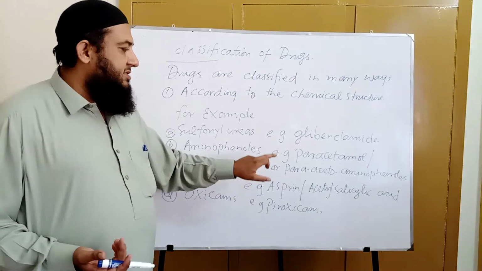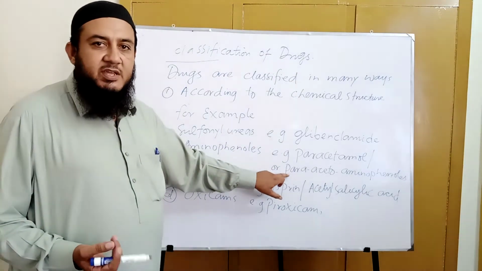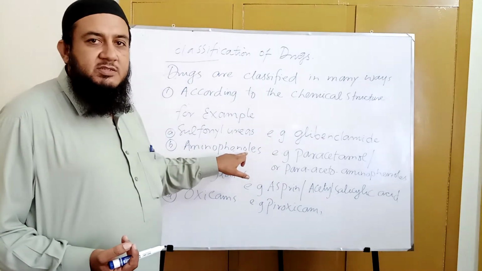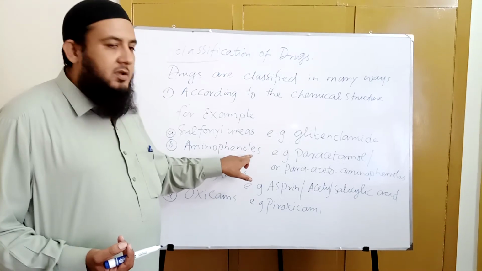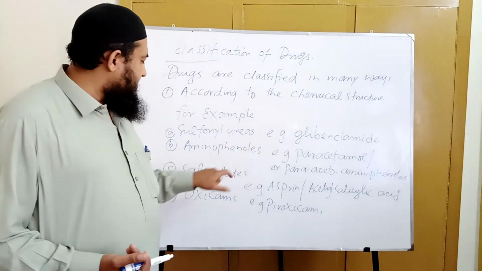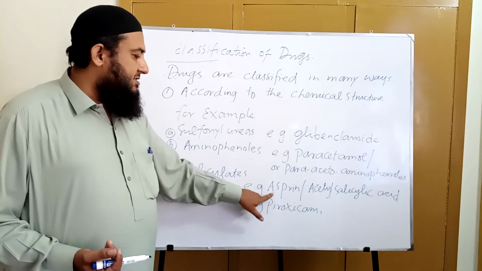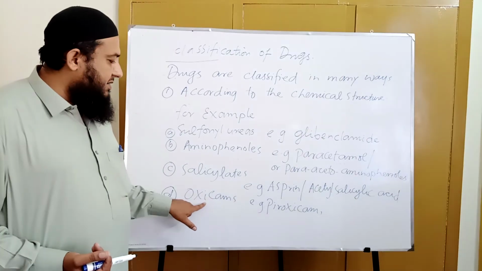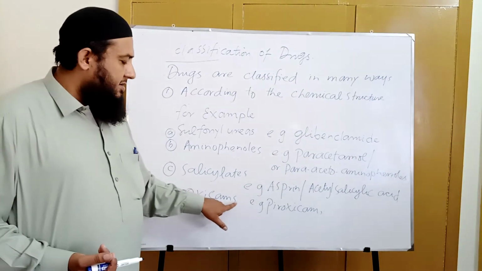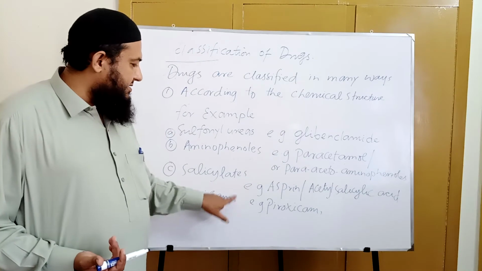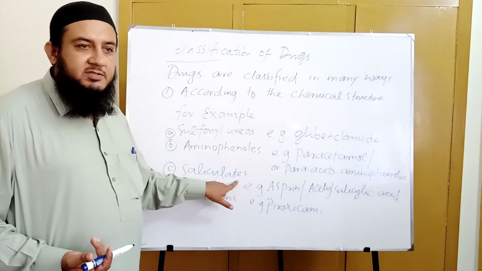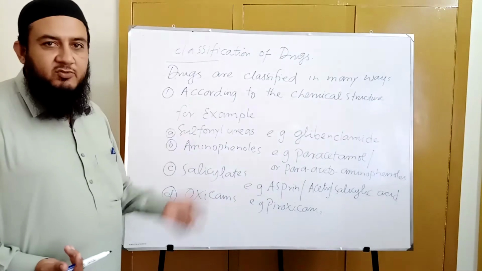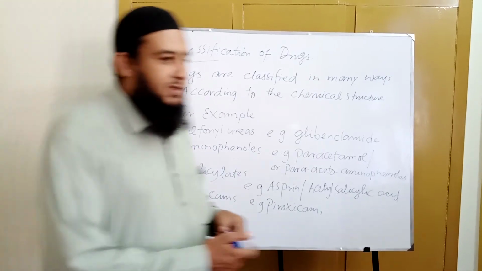Aminophenols, example given paracetamol, an analgesic drug which is used for palliative care or prevention of headache, etc. Salicylates are analgesic agents, aspirin and acetylsalicylic acid. Oxicams are also analgesics and non-steroidal anti-inflammatory drugs. This is also a non-steroidal anti-inflammatory drug class. But chemically they are called salicylates, oxicams, aminophenols, sulfonyl ureas. A lot of examples are there.